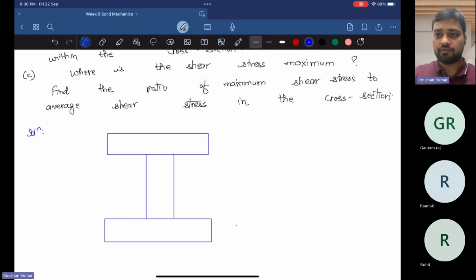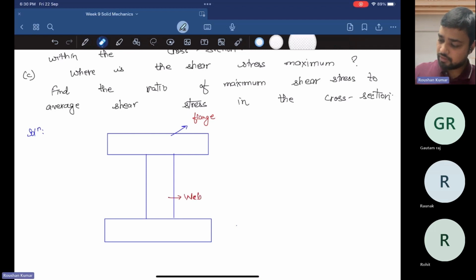In I section we have two different parts. This part is referred as flange and this part is referred as web. Okay, this is also referred as flange.